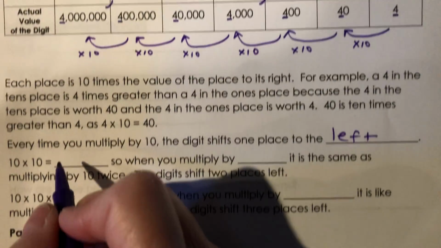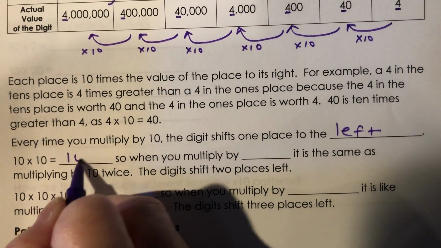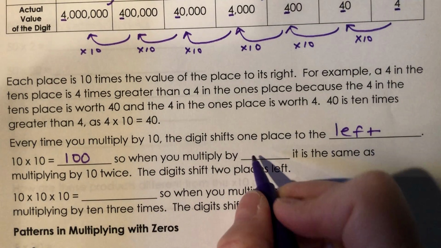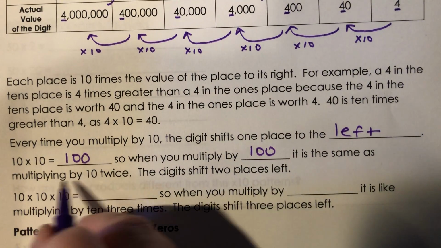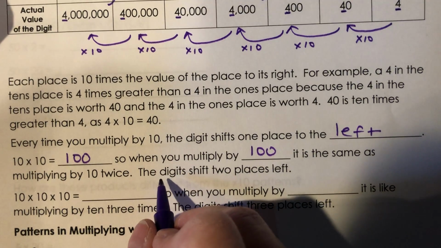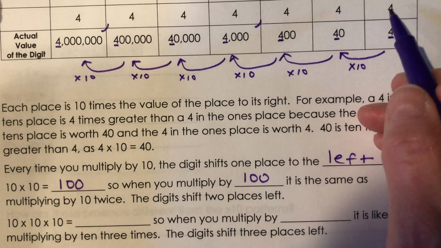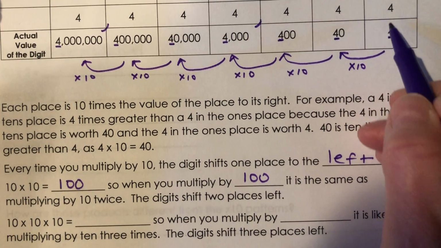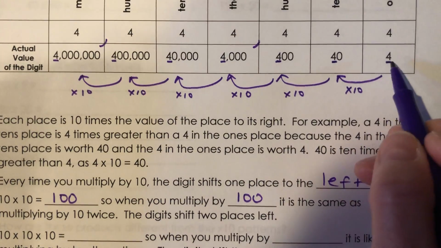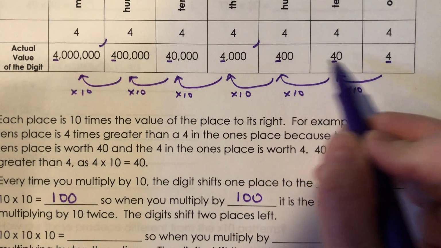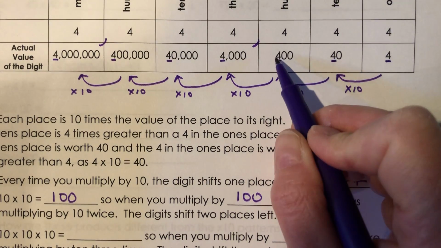10 times 10 is 100, right? So when you multiply by 100, that's the same as multiplying by 10 twice. The digit ends up shifting 2 places to the left. So for example, if I multiplied 4 by 100, that 4 shifts 2 places. It goes from the tens to then the hundreds.